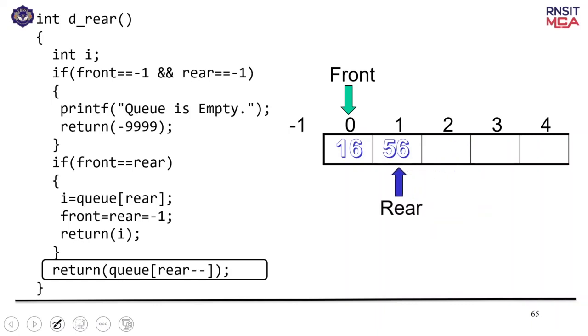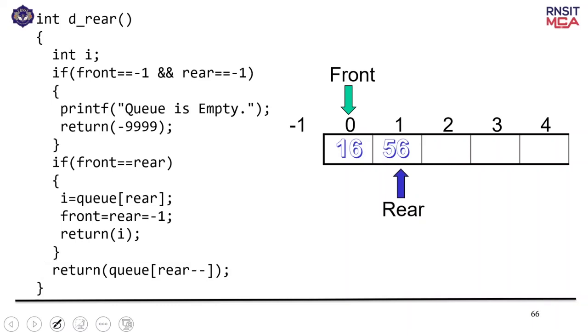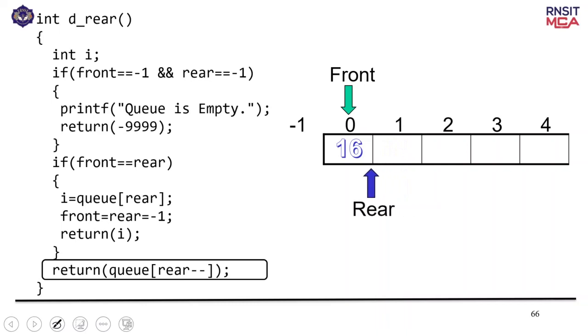And of course, next time you call the delete rear function again. So what happens? Check whether front is equal to rear. No. And of course return Q of rear and decrement rear.